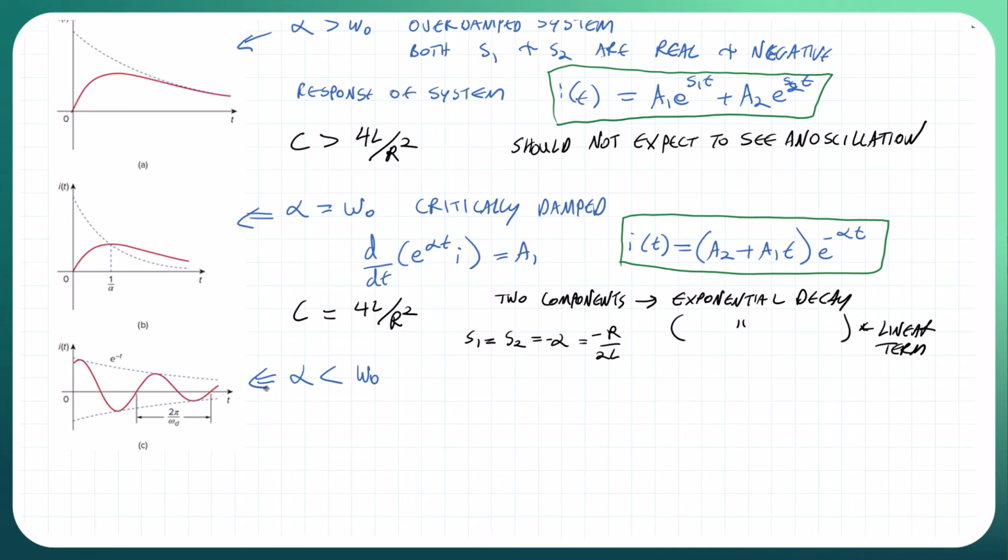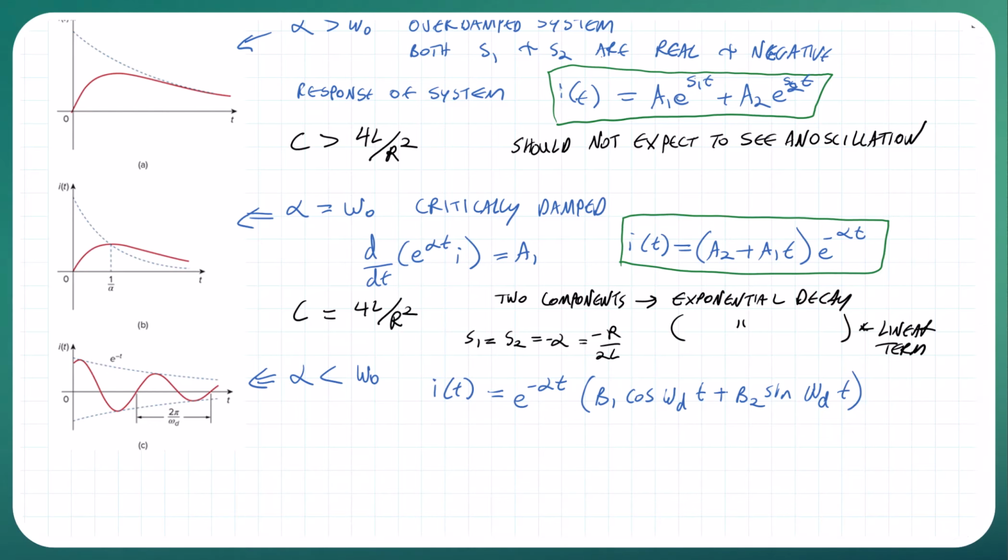Alright, so in this case, when alpha is less than omega naught, the system is considered to be underdamped, and then the solution for this guy will be I of t is equal to e to the minus alpha t times b1 cosine omega d times t plus b2 sine omega d times t.